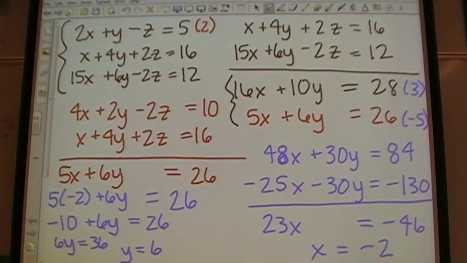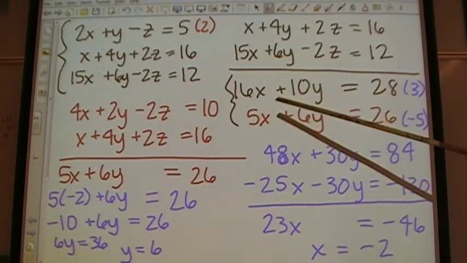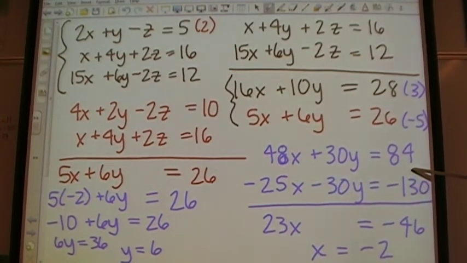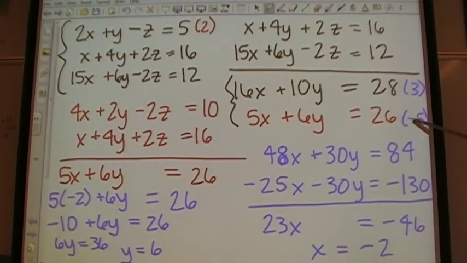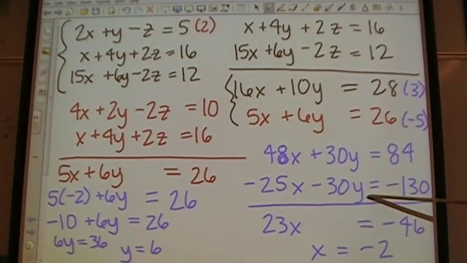So there's my new system. I chose at this point to eliminate the y's by multiplying the top by 3. I end up with this. Bottom by -5, I end up with this.